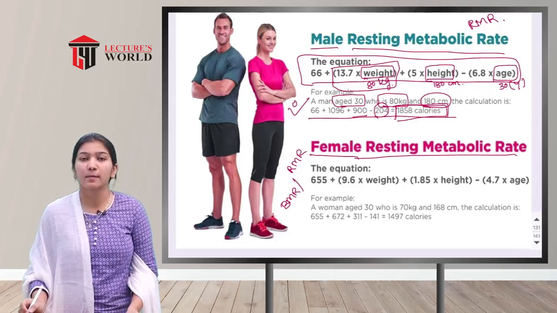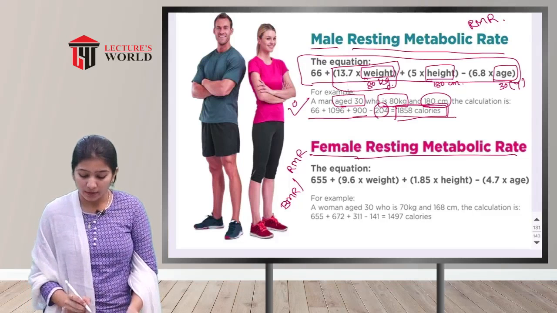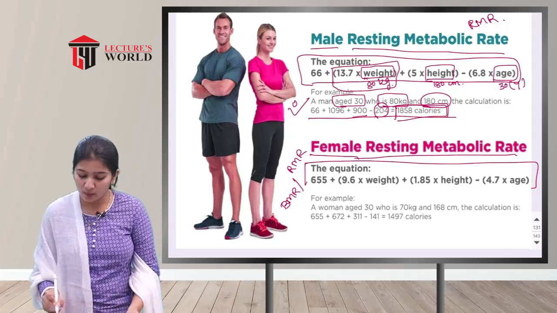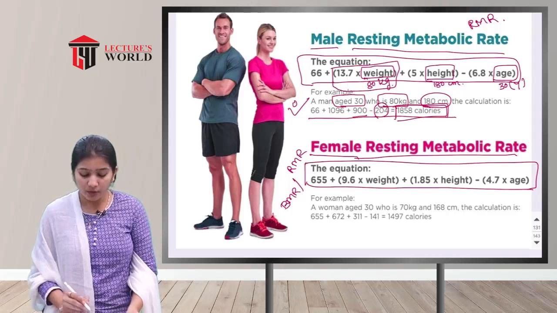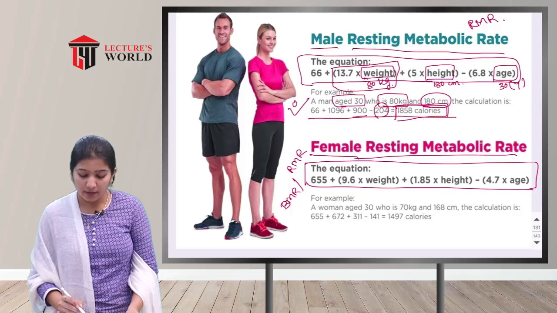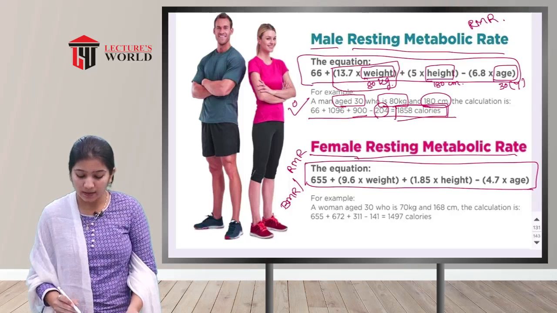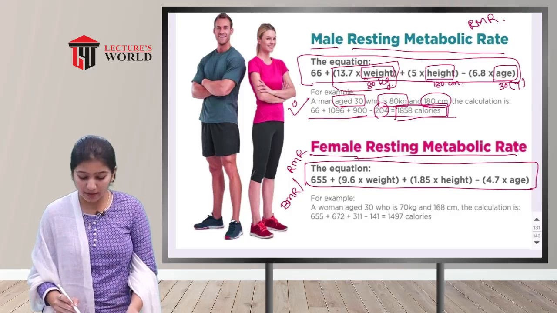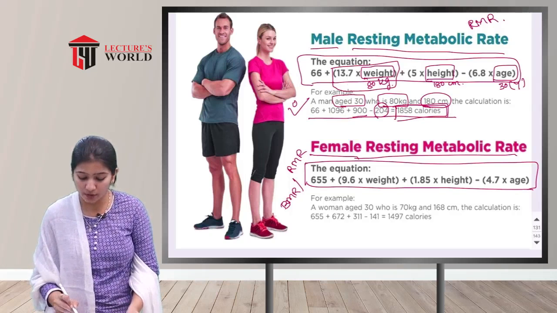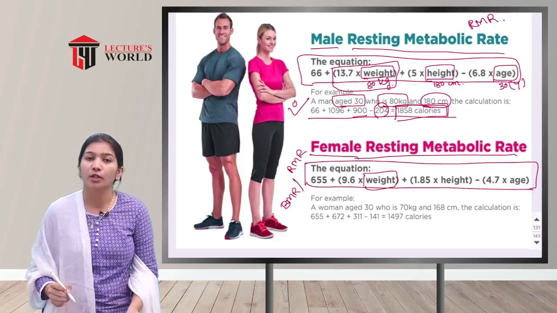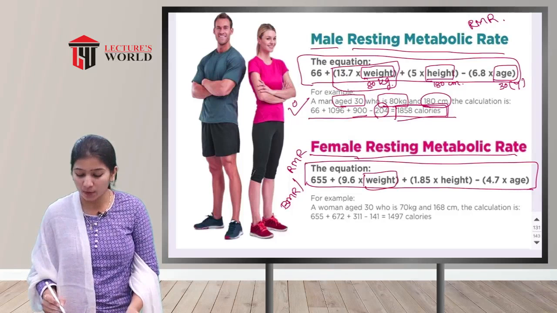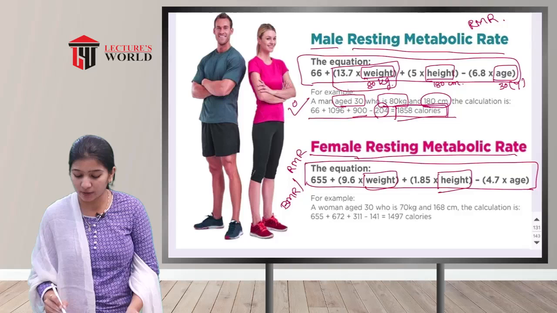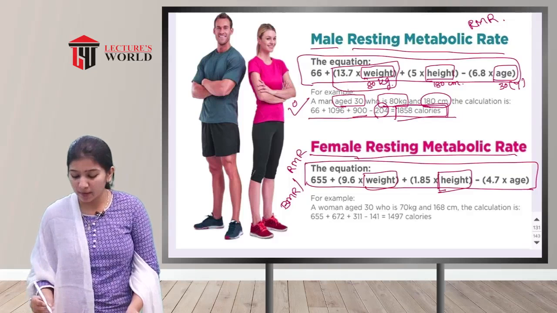Female resting metabolic rate. Here is the equation, or the formula, for the calculation of BMR especially for females. In females, it is 655 plus, in the bracket, 9.6 into your weight, plus, in the bracket, 1.85 into your height, minus, in the bracket, 4.7 into your age.